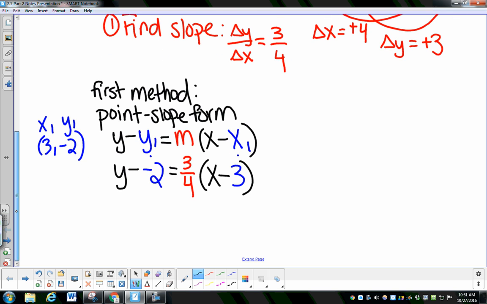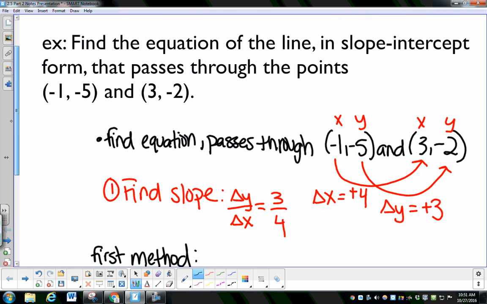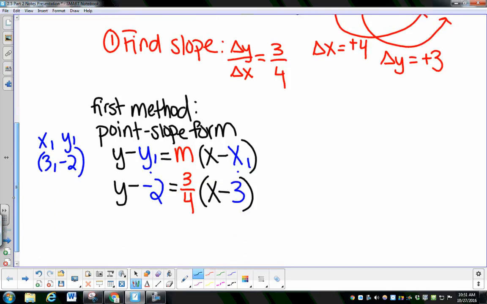The thing is, the question doesn't want it in point-slope form. The question wants it in slope-intercept form, so we need to move this around. The first thing I want to do is simplify this minus a negative. That's the same as y plus 2 equals 3/4 times (x minus 3).